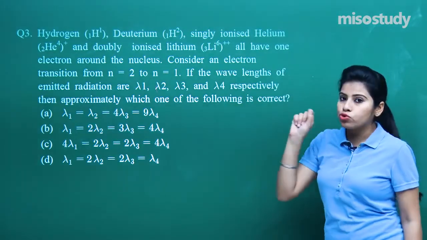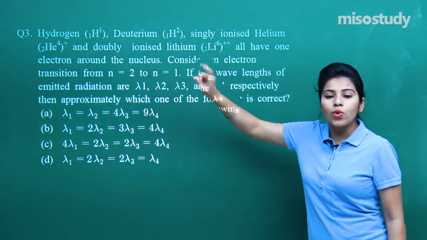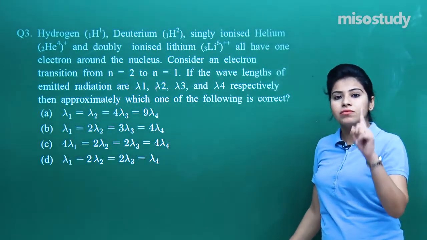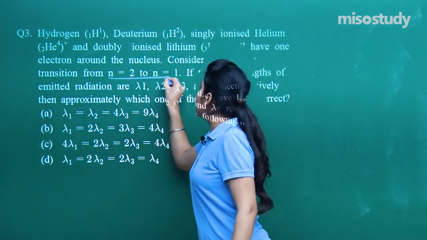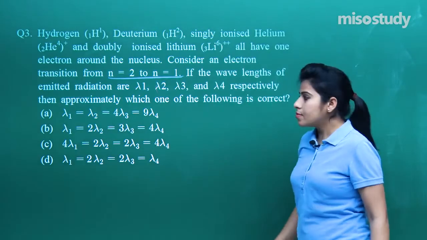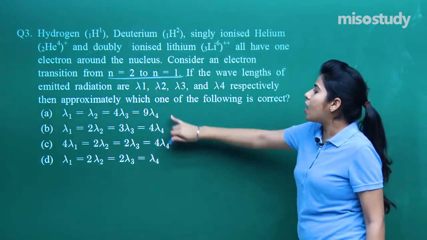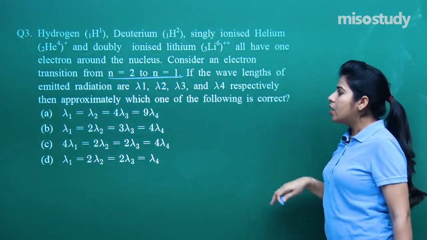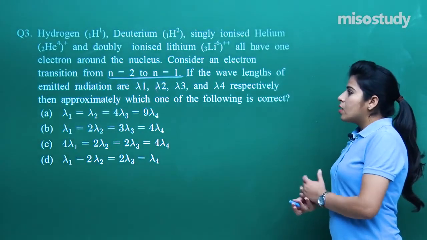Consider an electron transition from n equals 2 to n equals 1. The transition is the same for all, n equals 2 to n equals 1. If the wavelengths of the emitted radiations are lambda 1, lambda 2, lambda 3 and lambda 4 respectively, what will be the approximate answer?